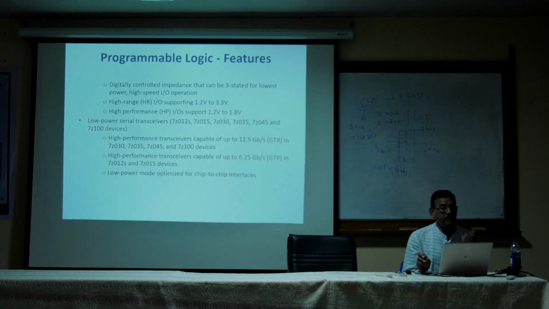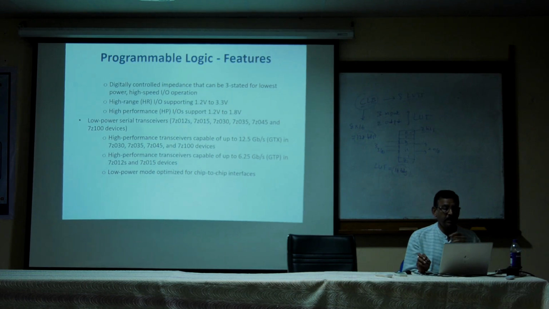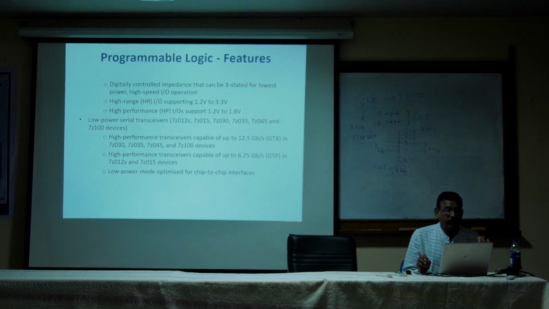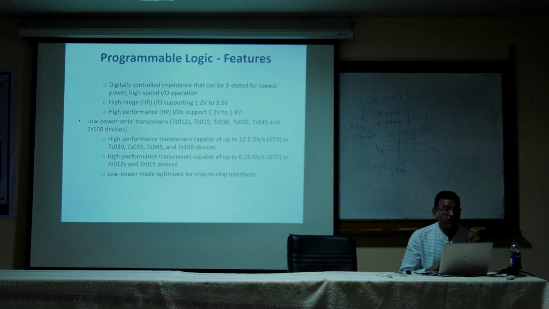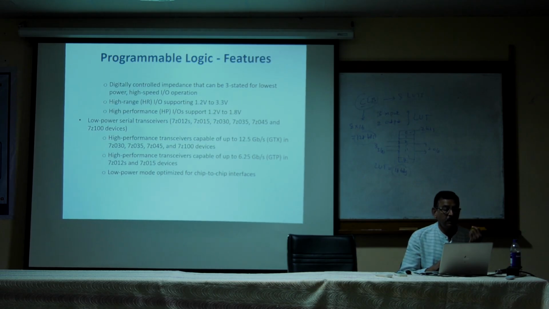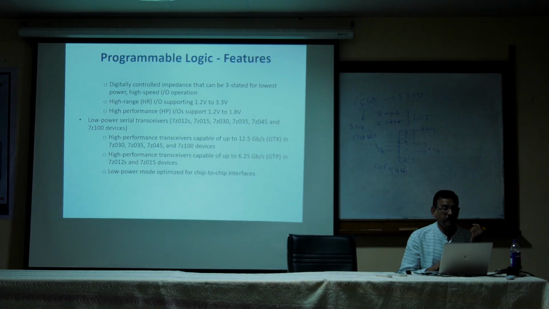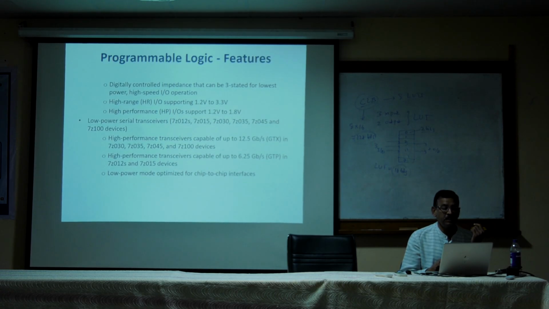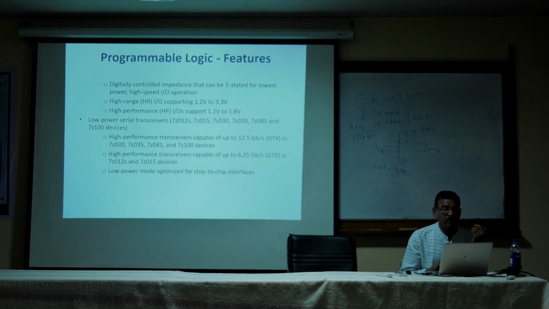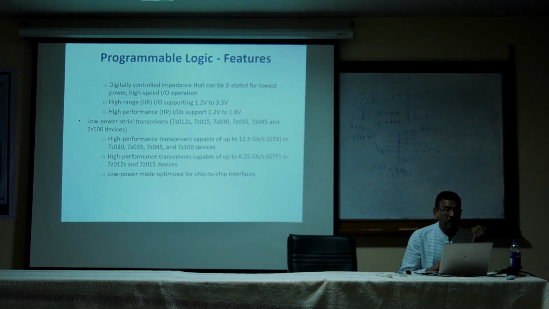Low power serial transceivers. High performance transceivers and low power transceivers are in these devices. High power GTX transceivers are capable of up to 12.5 gigabits per second in devices 7030, 7035, 7045, but ours is 7020, it does not come under this category.